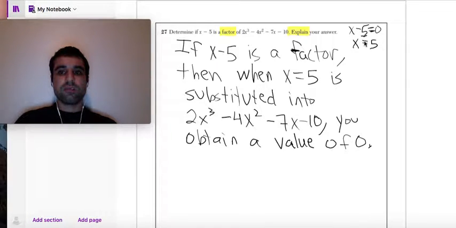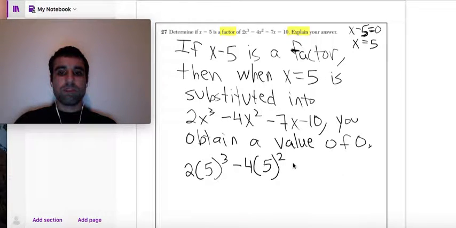Because if it's not the case, then x minus 5 cannot be a factor. So we're going to substitute 2 times 5 cubed minus 4 times 5 squared minus 7 times 5 minus 10. Is it equal to 0, yes or no?